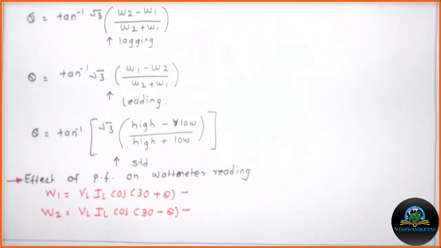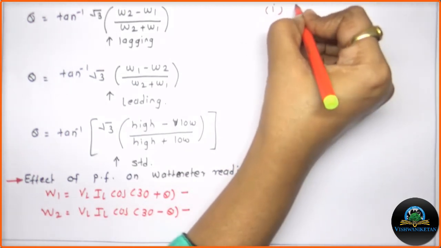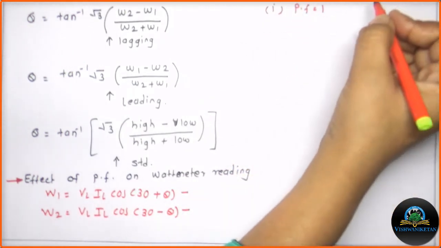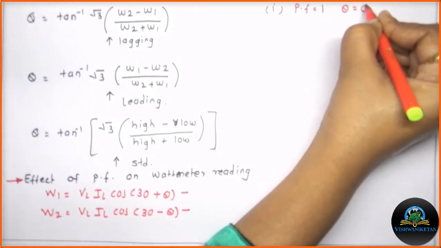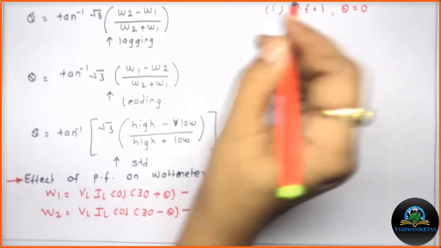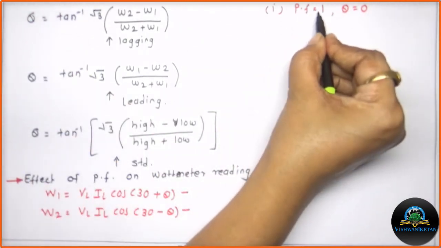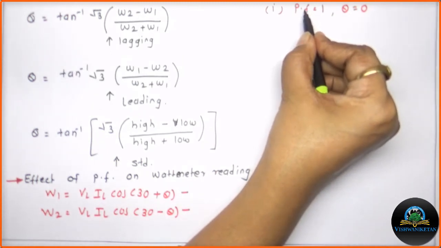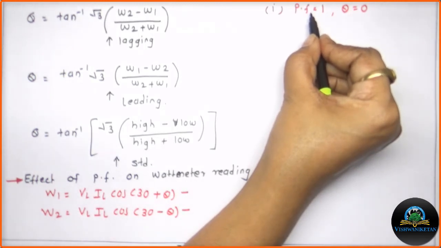In case 1, I am considering my power factor is equal to 1, and definitely in that case, my theta is equal to 0. What do you mean by the power factor equal to 1? It means that the voltage and the current are in phase, which happens when the load is purely resistive.